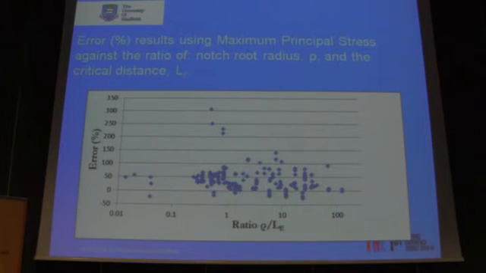Using the maximum principal stress results, I've plotted them on a dimensionless abscissa, which is a ratio of the notch root radius and the critical distance, since the critical distance is a measure of how sensitive the material is to defects or notches, and the notch root radius is considered to be the most important factor in the geometrical stress concentration picture.